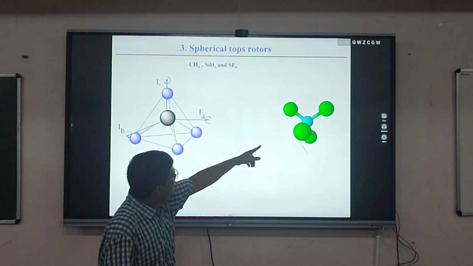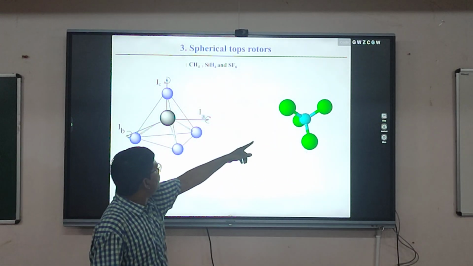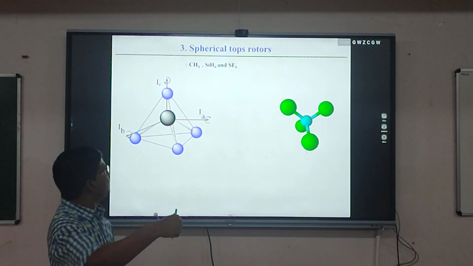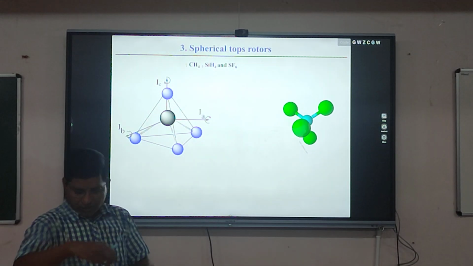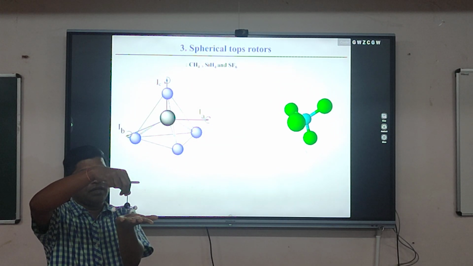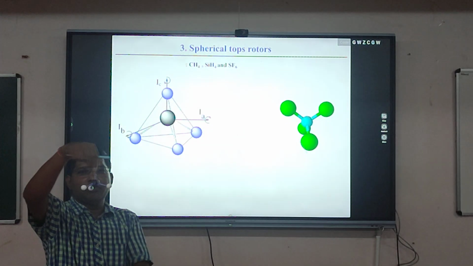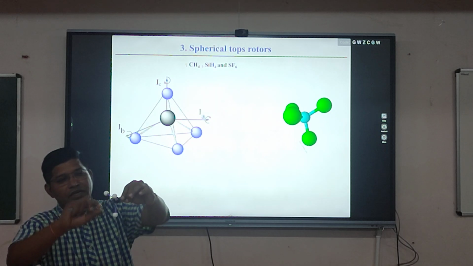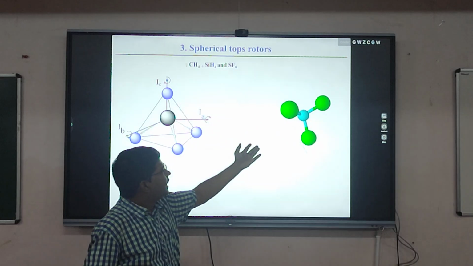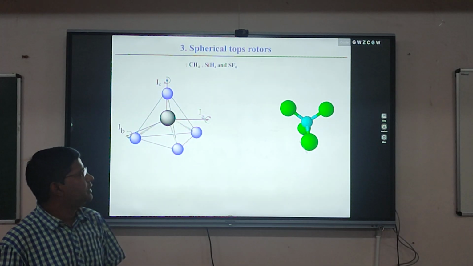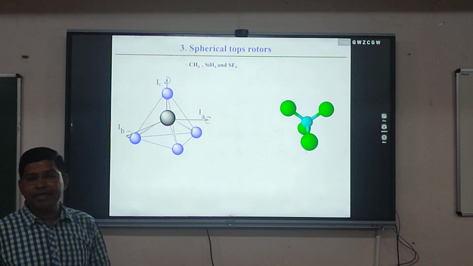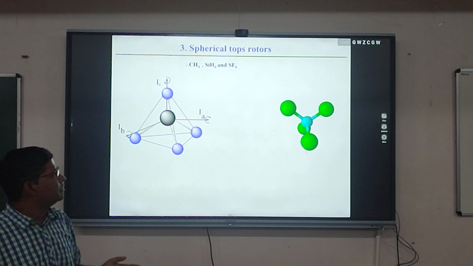Now suppose this molecule is rotating in the direction of the bond axis. If we rotate this molecule in this direction, this is the bond axis, and if we rotate it in the plane or perpendicular, there is no change in the orientation of the molecule, because the atoms present in the molecule are symmetric.